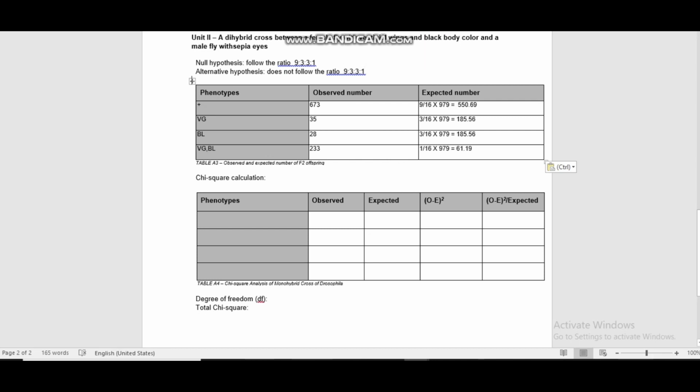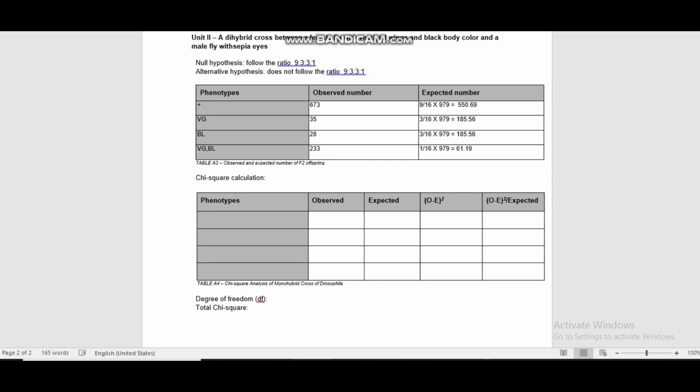And for the times, we use to plus the observed number to get the observed number total by using the ratio. So we done the calculation, so this is our answer.